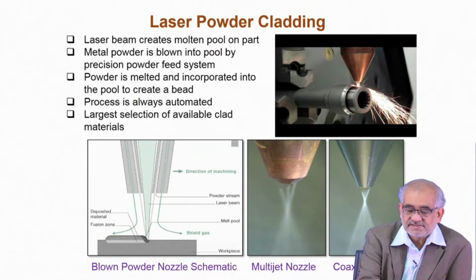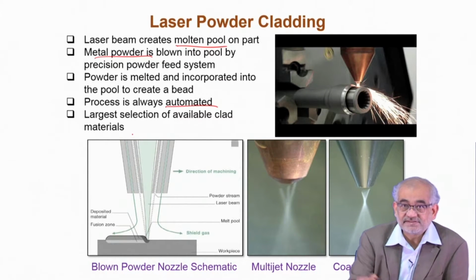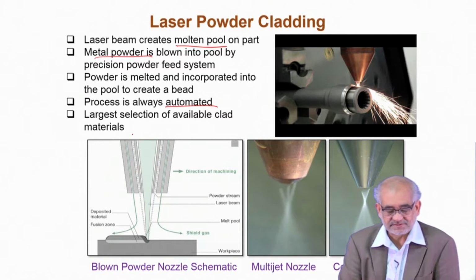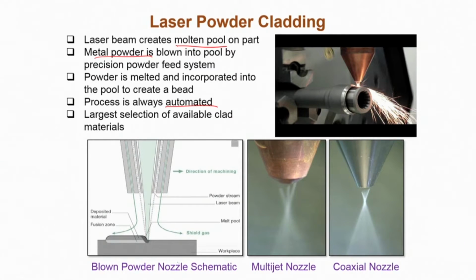As I just said, you create a molten pool, and you can blow powder into the molten pool or feed a wire into the melt pool, and the whole process can be automated, with a very large selection of materials. Typically, when you blow powder into the molten pool that you create, the powder immediately mixes and forms a clad layer.